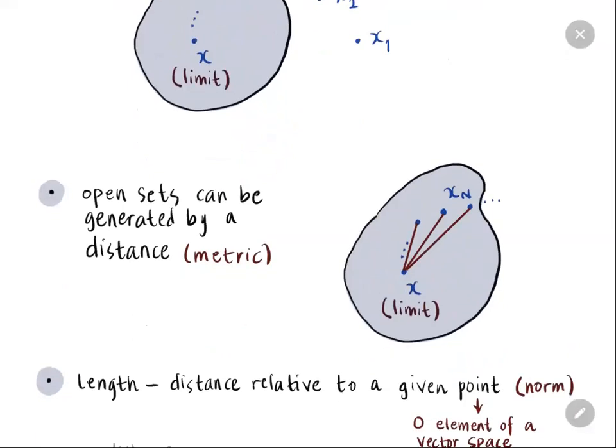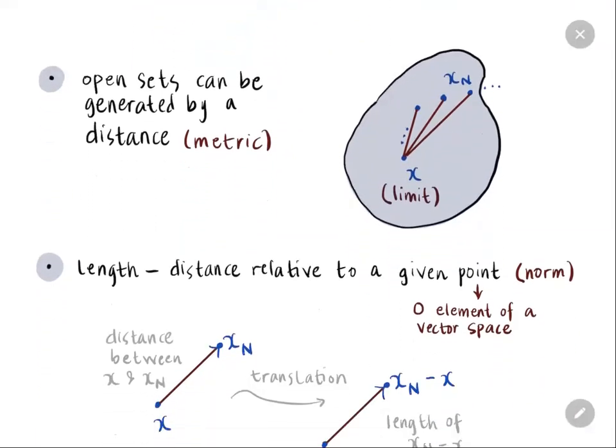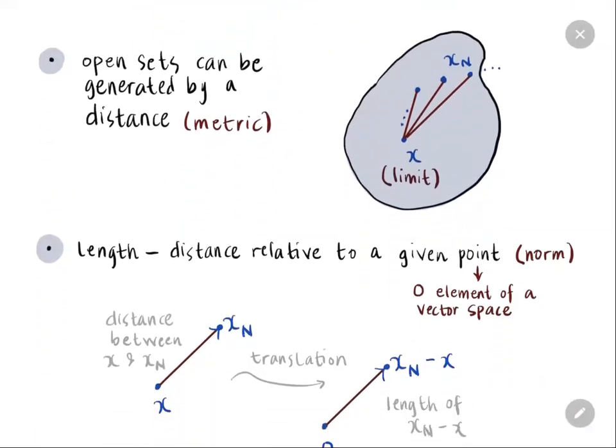Well, you can think of length as the distance relative to a given point. And this given point is typically the zero element of your vector space.